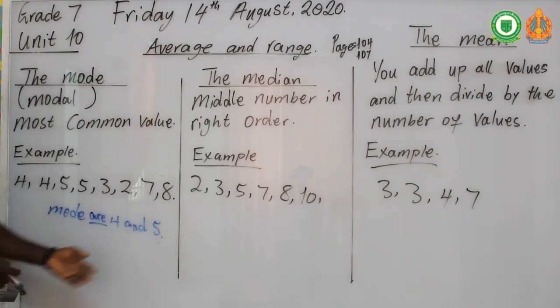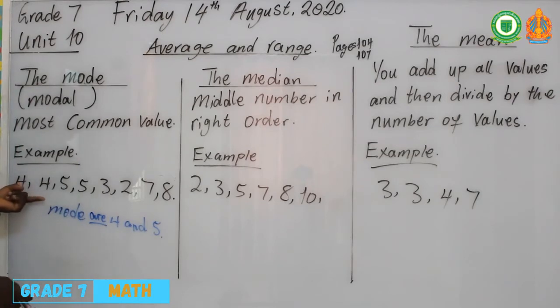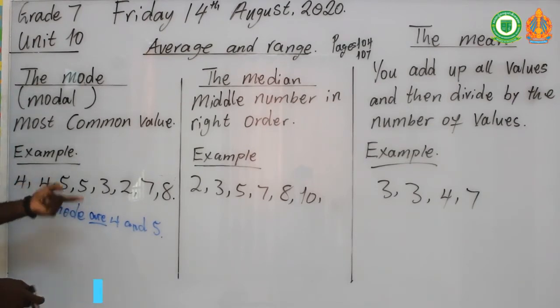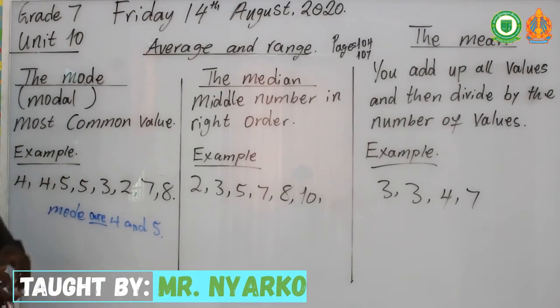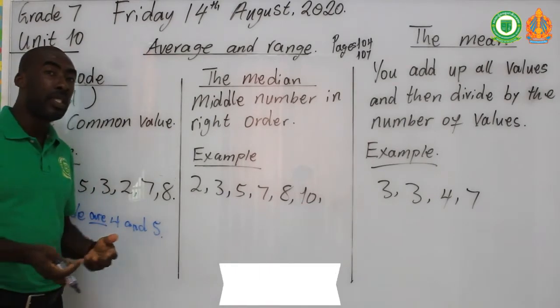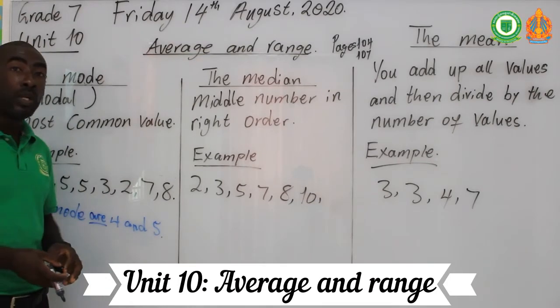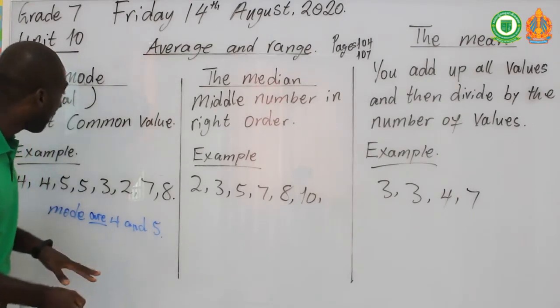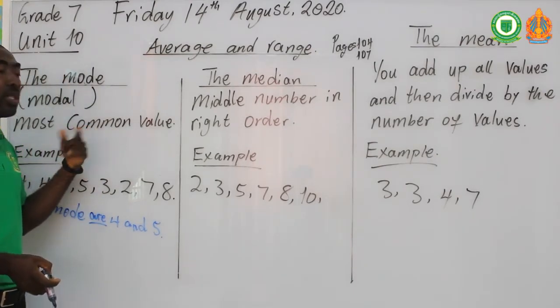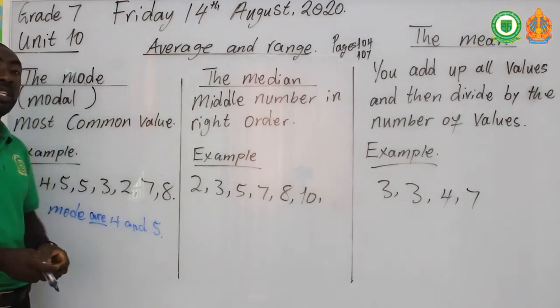The mode becomes 4 and 5 because 4 appears 2 times here and 5 also appears 2 times here. It's not always that you're going to get just a single digit as the mode. Sometimes 2 numbers or even 3 numbers can become your mode. Just understand that the mode is the most common value that you find in your records.